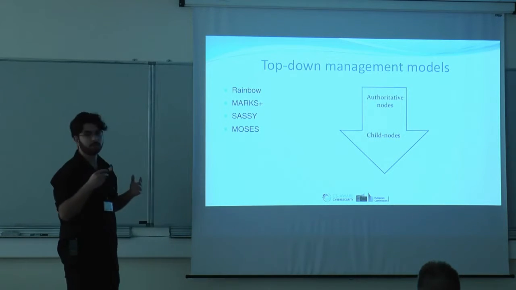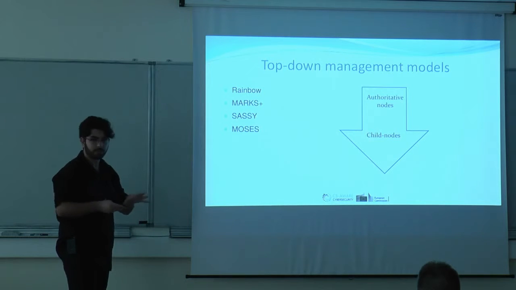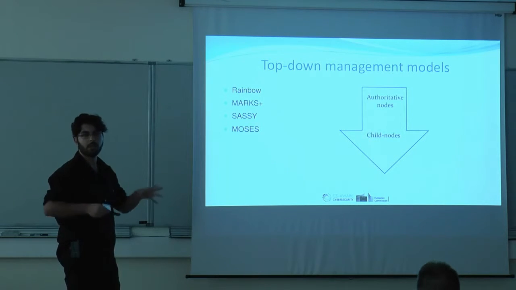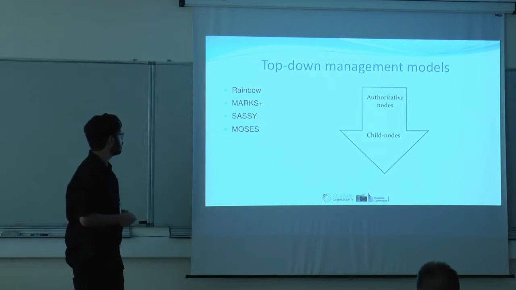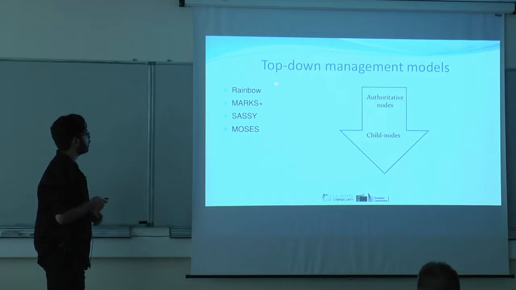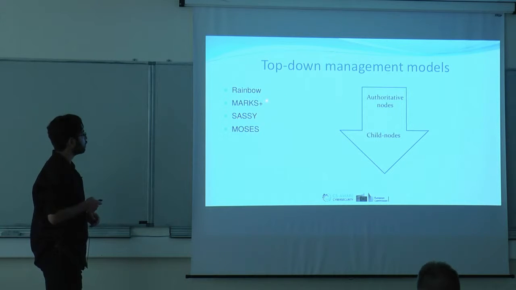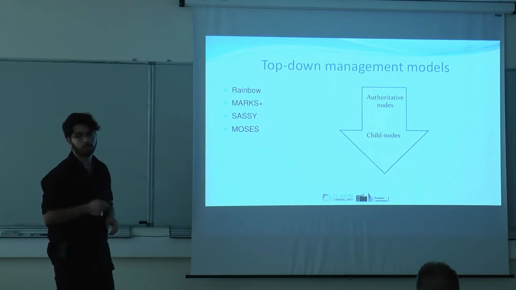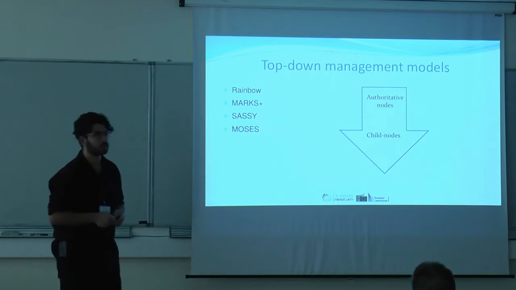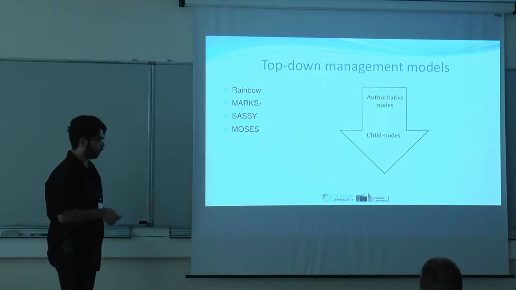We have authoritative nodes, and they have their child nodes which have a lower priority, and the authoritative nodes do all this management stuff. Some models of the top-down implementations are Rainbow, Marks+, SASE, and Moses. There are a lot of other models as well, but these are the important ones.